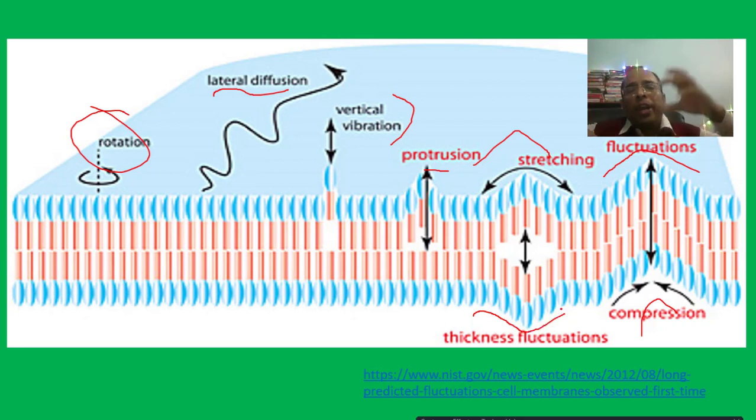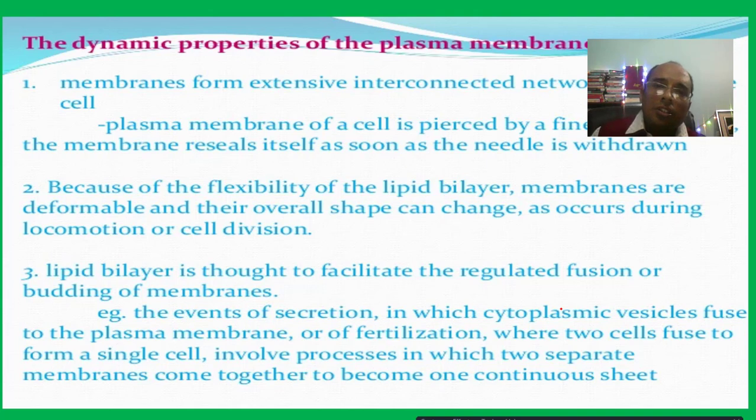It is like moving water, like water in the ocean, moving up and down. So the cell membrane is dynamic in nature. Don't forget this. The dynamic properties of the plasma membrane support various activities of the cell.